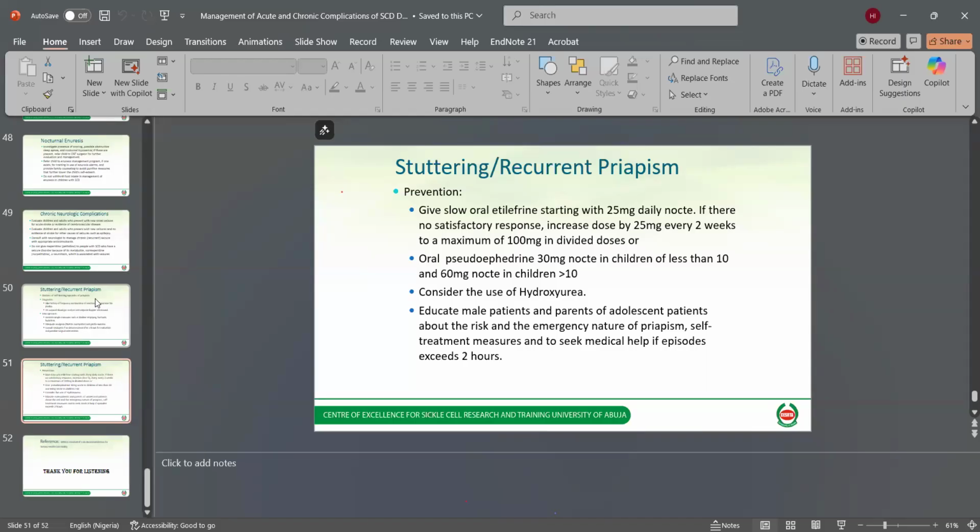The aim is to identify these complications early and to institute interventions early, so that patients will have a better outcome and a better quality of life.